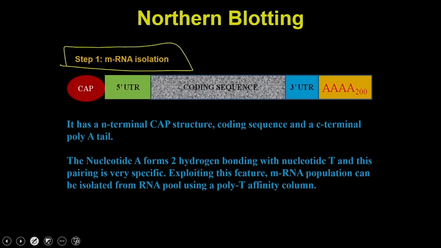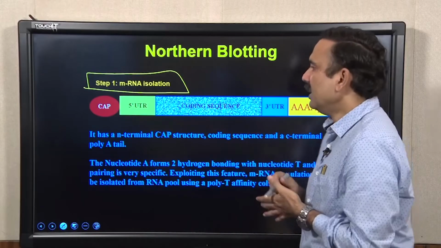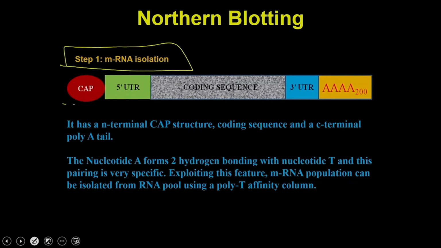Before discussing the messenger RNA isolation, let us discuss the structure of the messenger RNA and how the structure itself provides you flexibility to purify the total messenger RNA present in a cell under specific conditions. In a typical messenger RNA, you have multiple regions. You have a 5 prime cap.